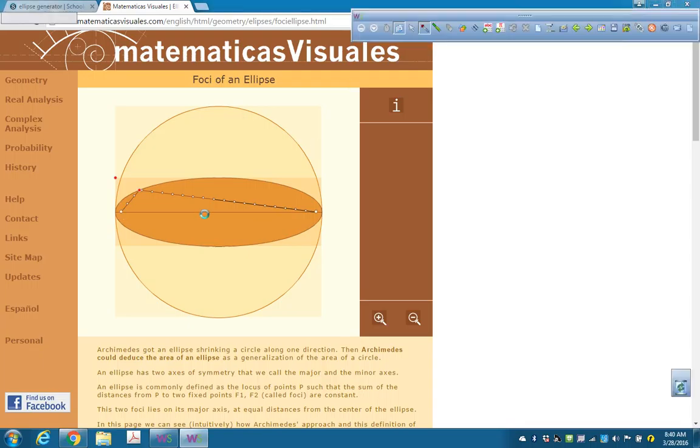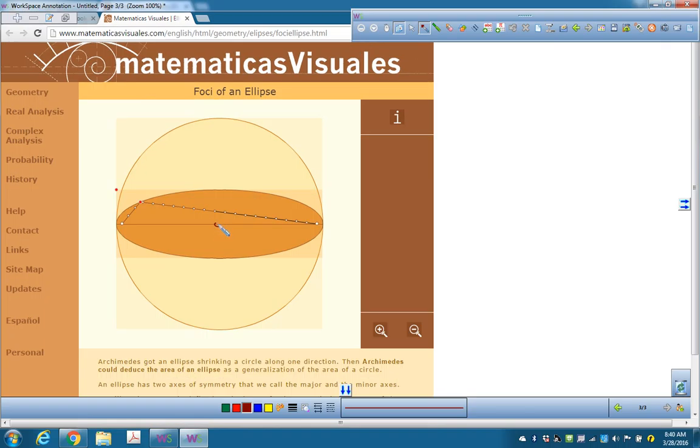The distance from the center of your ellipse to one of the foci, and the same thing over here, these are the same distance apart. The distance from here to here is called C.